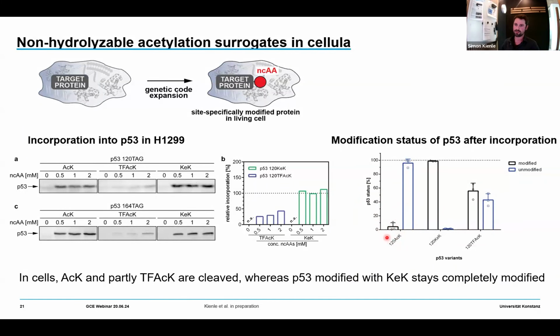It will be deacetylated. However, we also saw that trifluoroacetyllysine got deacetylated to some extent, to a 1-to-1 ratio. Only the ketolysine showed to be completely stable in this setting.